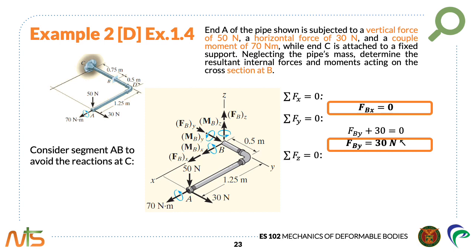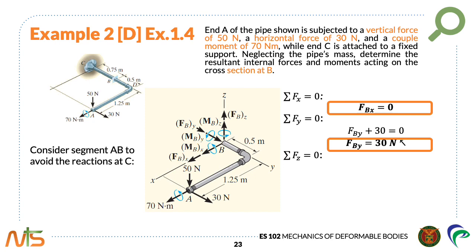Next is summation of forces about the z-axis equal to 0. In the summation of forces about the z-axis, we have FBZ, positive since it is going up, or in the positive z direction.